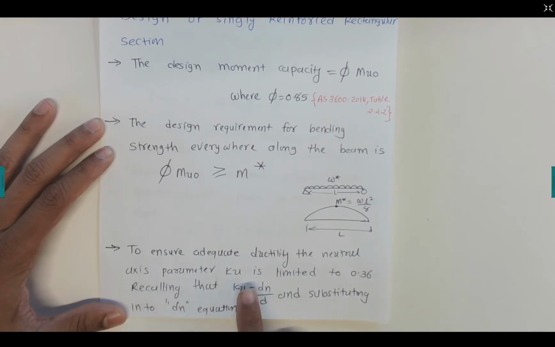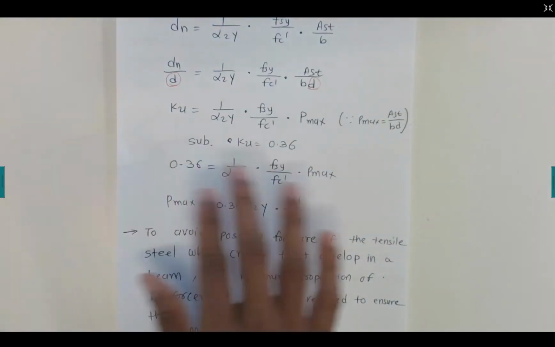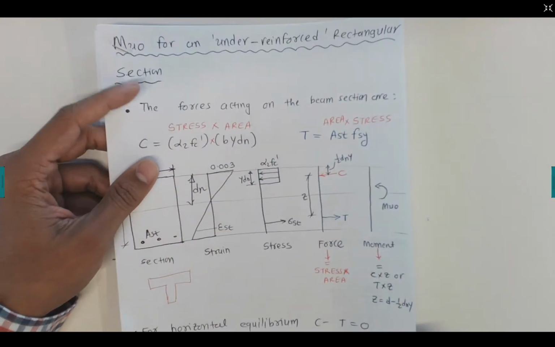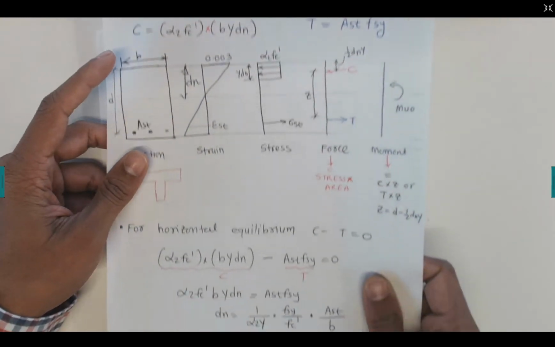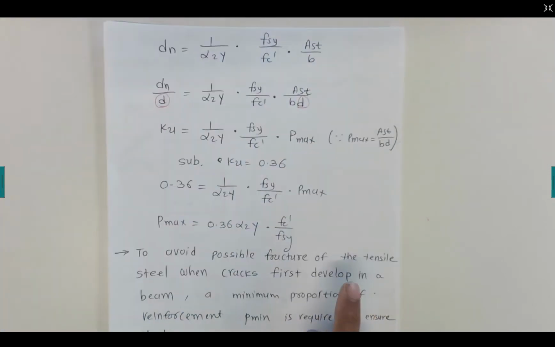Recalling that ku is equal to dn over d, and as we checked in the previous video, substituting into the dn equation. In the previous video, for the Muo of an under-reinforced rectangular section, we obtained this dn equation. I use this dn equation again here.